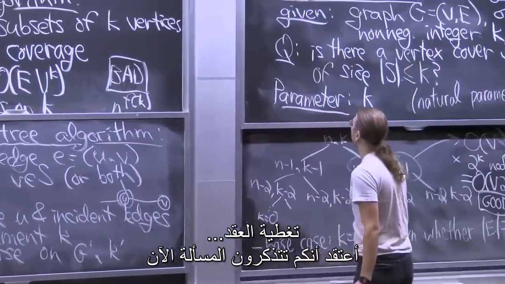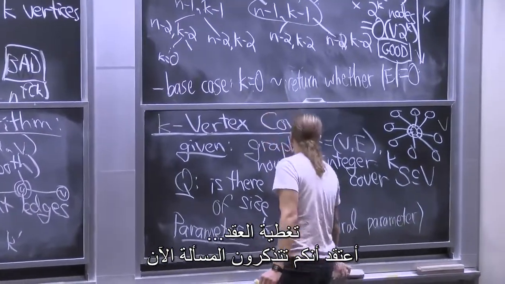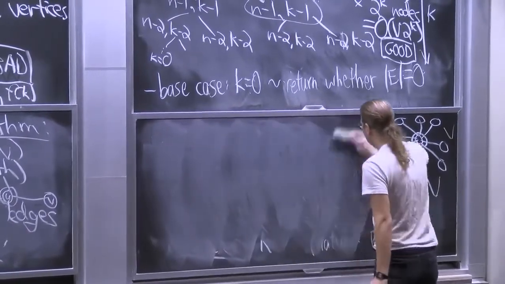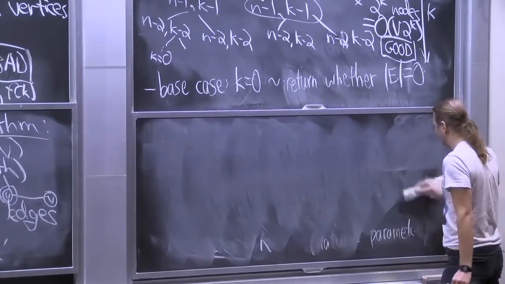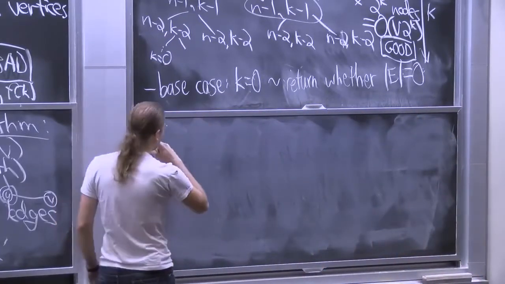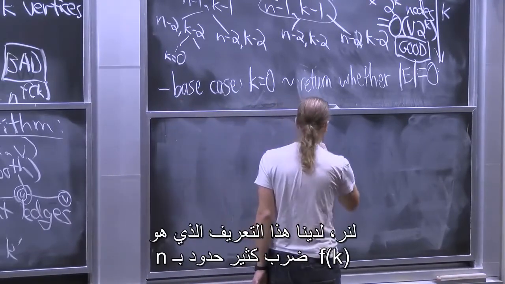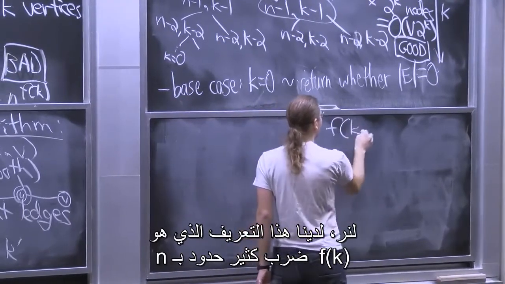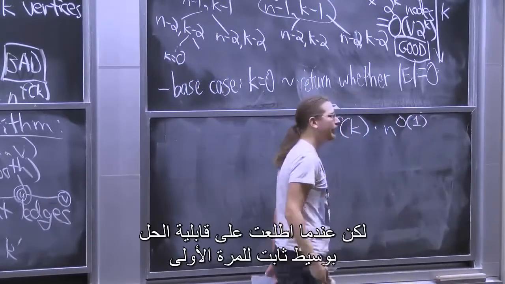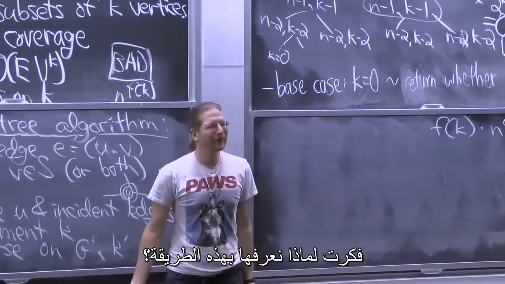So let's take vertex cover. You remember the problem by now. We have this definition, which is f of k times polynomial n. But I would say the first time I saw fixed parameter tractability, I thought, well, why do you define it that way?